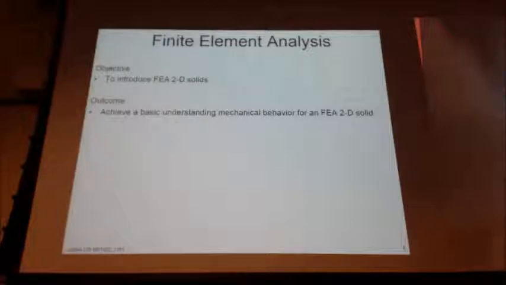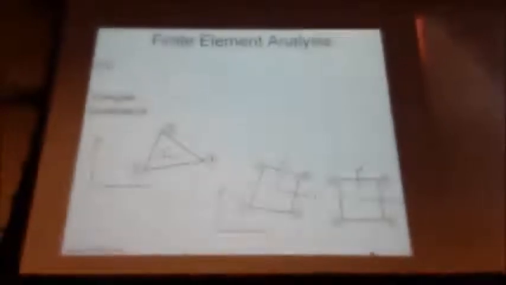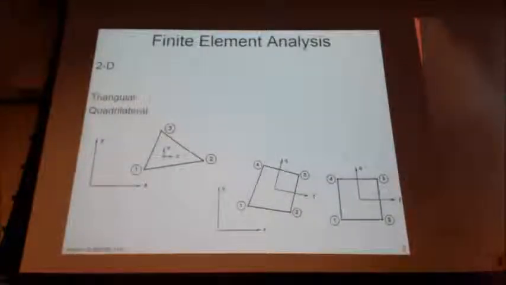All right, so we're going to talk about 2D solids and how we're going to use them, right? A couple of shapes, triangular and quadrilateral. They started out with the triangles, but actually quadrilaterals work out better for convergence and getting to the solution.